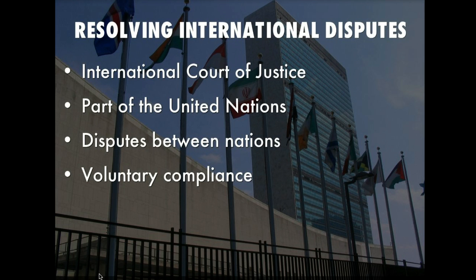So that means that the country who is being sued voluntarily agrees to the jurisdiction of the court and then also voluntarily complies. In other words, once the court makes a decision, the decision is not self-enforcing. Instead, the country that lost has to voluntarily agree to comply with the decision of the International Court of Justice.